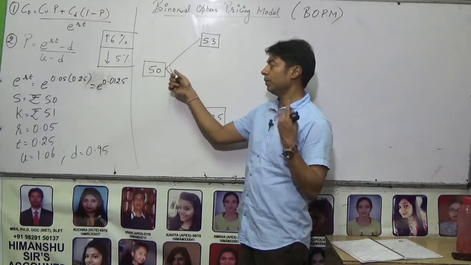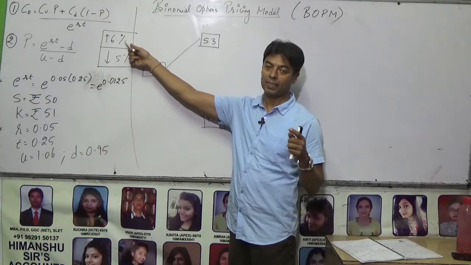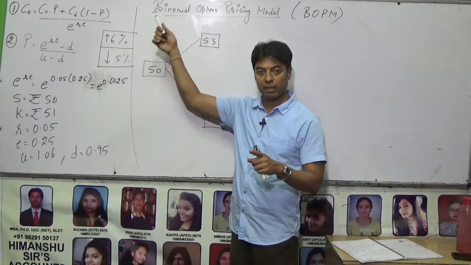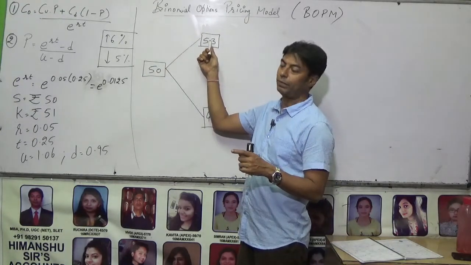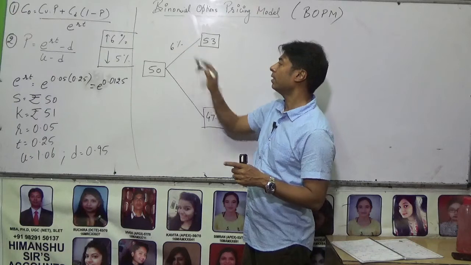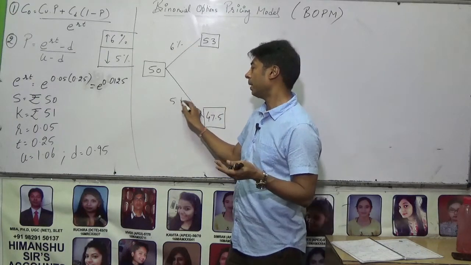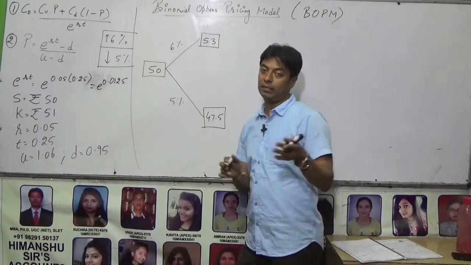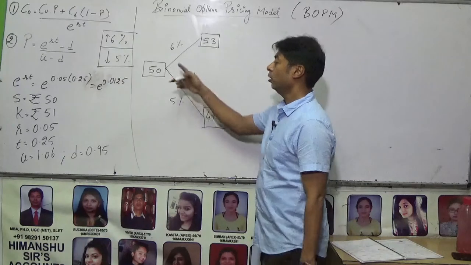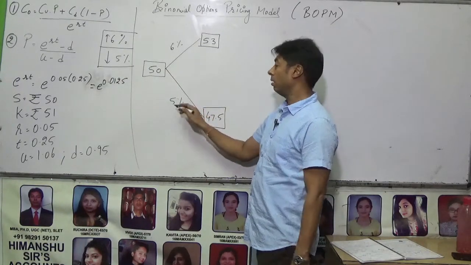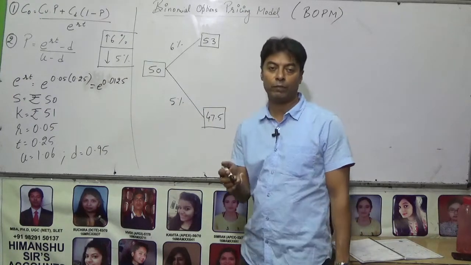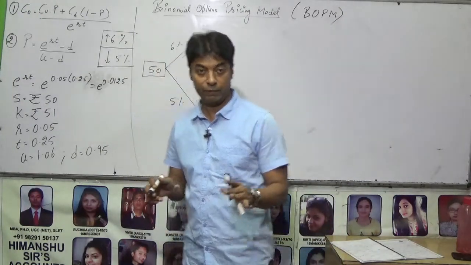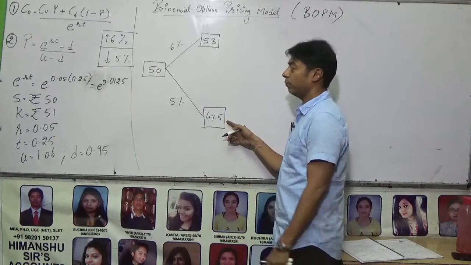If you want to increase, you have to increase by 6% because this is the rate given in the problem. So 6% increase will give you the value as 53. And if the price is decreasing, it is estimated that it will decrease by 5%. So for a decrease of 5% on 50, the value will be 2.5. You subtract 2.5 from 50, you will get 47.5.